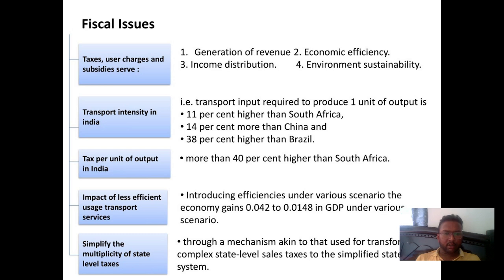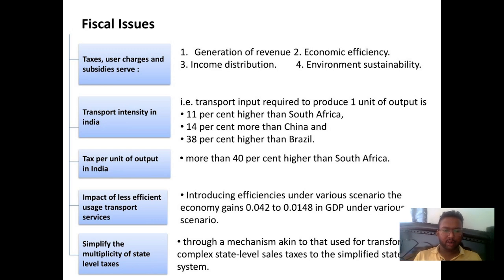Transport intensity in India: the transport input required to produce 1 unit of output is 11% higher than South Africa, 14% more than China and 38% higher than Brazil. Tax per unit of output in India is more than 40% higher than South Africa.